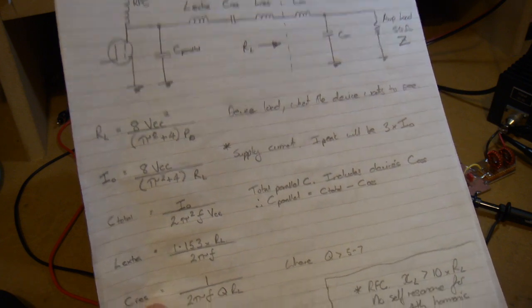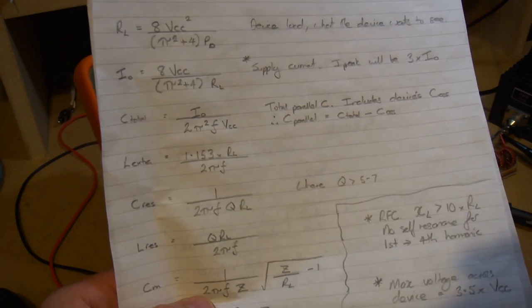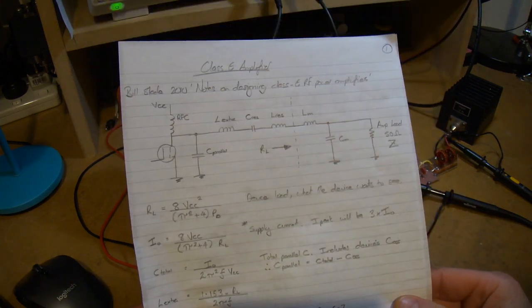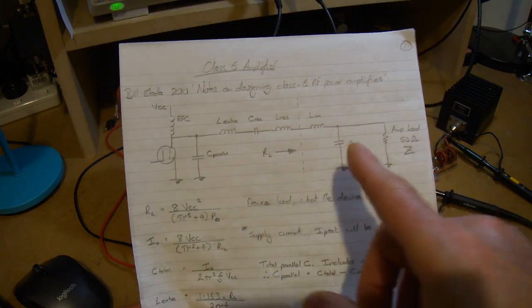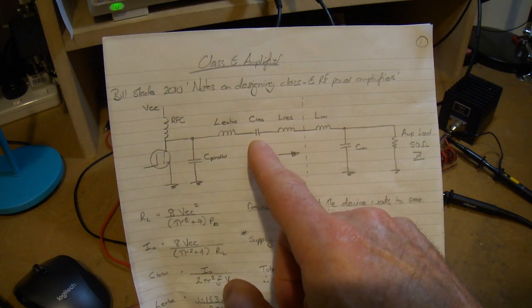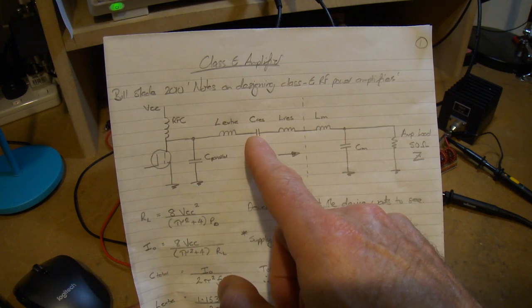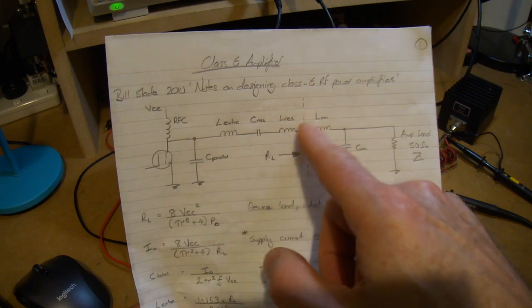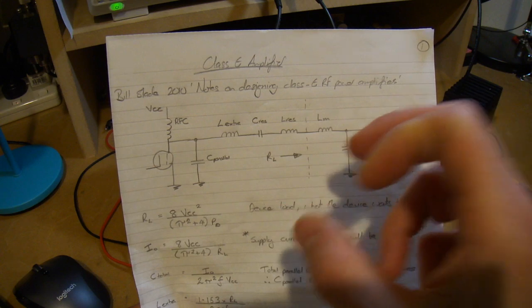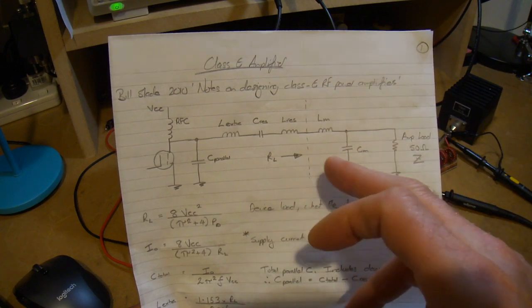We've now got C res. This is quite interesting too, because I came across a few warnings in various papers that talk about class E amps, saying don't be fooled into thinking that the series capacitor and the inductance is a series resonance circuit at the frequency of oscillation.